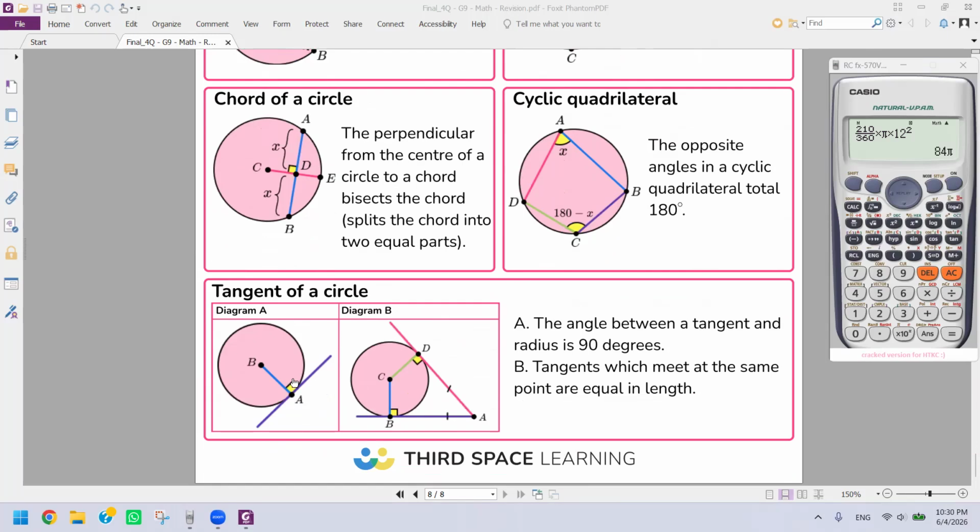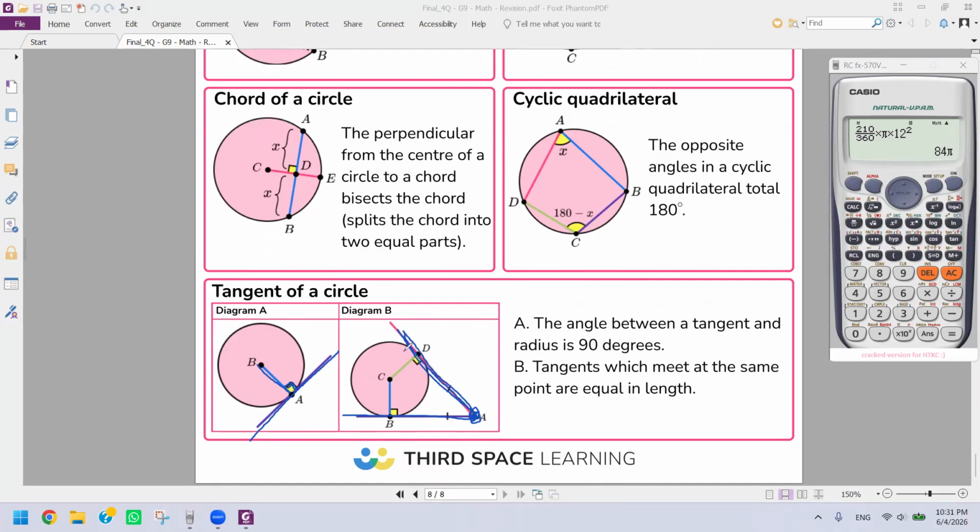Last theorem: if I have a tangent line and a radius, they are perpendicular, they create 90 degrees. Then at any point outside the circle, you can draw two tangent lines. Those two tangent lines are what?